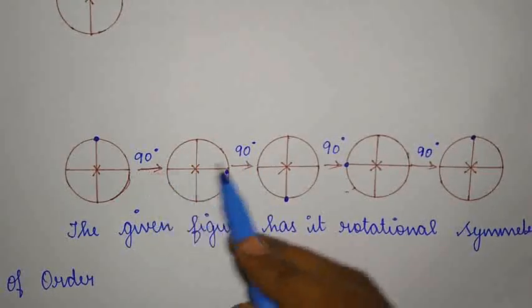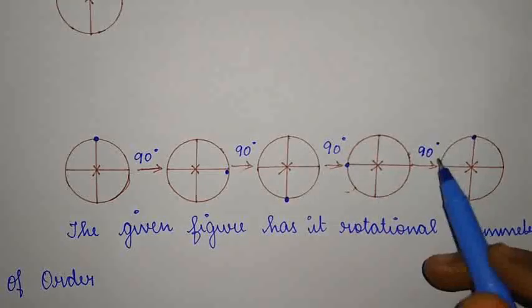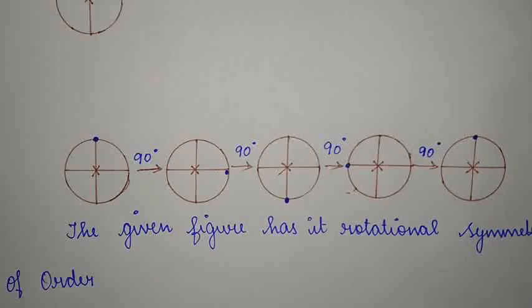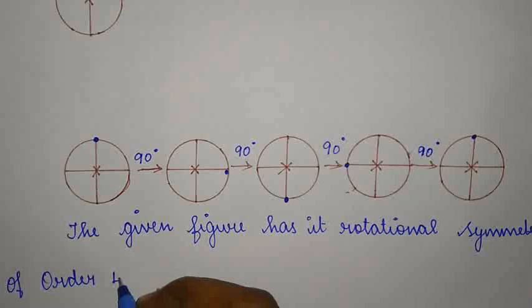This is the first order of symmetry, second order of symmetry, this one is the third order of symmetry, and this is the fourth order of symmetry. So the order of the rotational symmetry is 4.